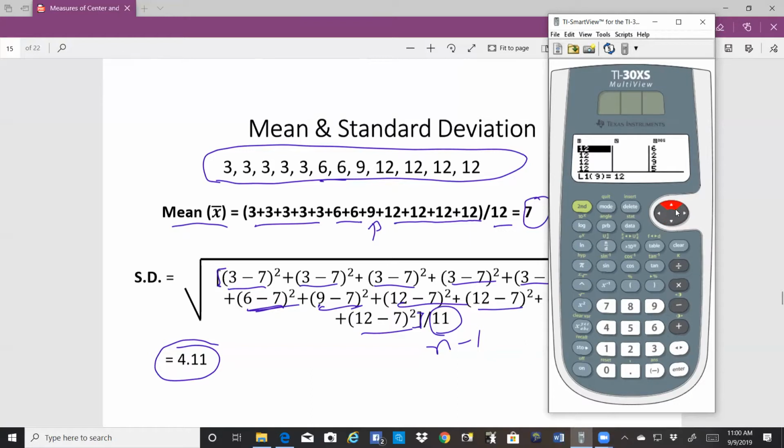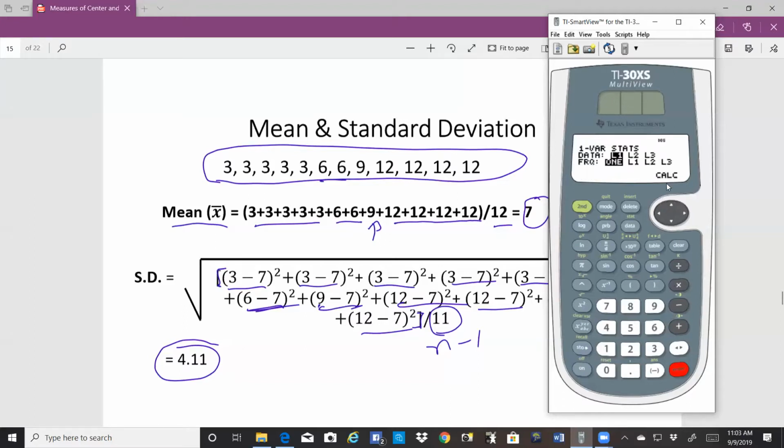What I would do is go back and check your data. L1 at 1 is 3, 3, 3, 3, and so forth. I'm going to assume I got this in correctly. Now that we've got the data in, we're going to do second stat, and we want to do one variable statistic, so we hit enter.